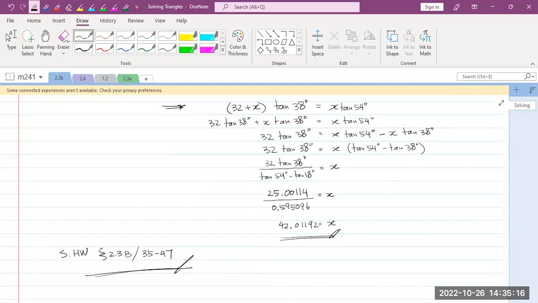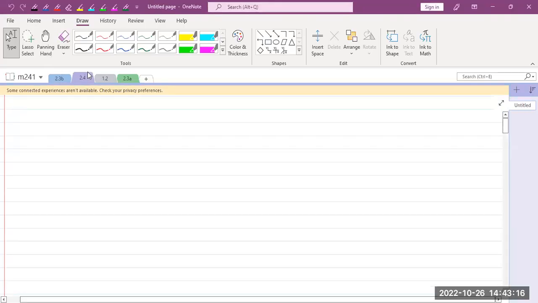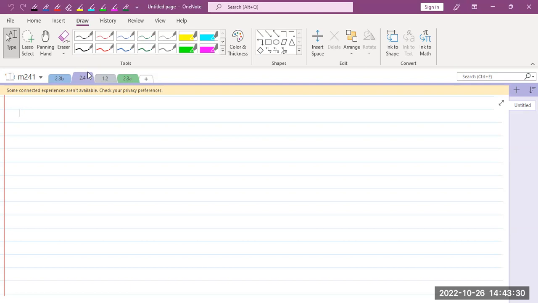Now, let's go on to section 2.4. In this section 2.4, we apply more of the ideas that we learned into applications. Basically, we start dealing with real life problems here.